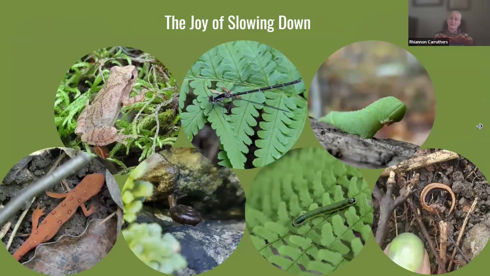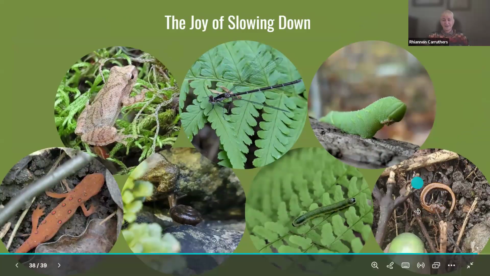One of the joys of fern finding is that it makes you slow down and you'll end up seeing other critters that are also enjoying living in and around ferns. We've got a spring peeper here, a damselfly, a blind sphinx moth. This was the tiniest little redback salamander I've ever seen.